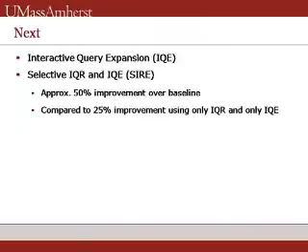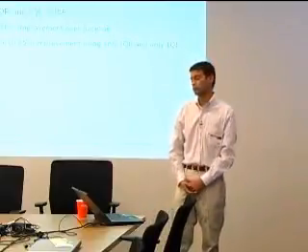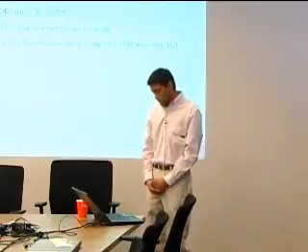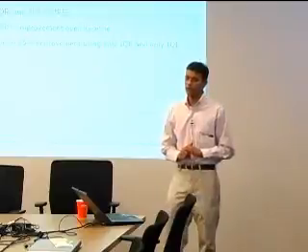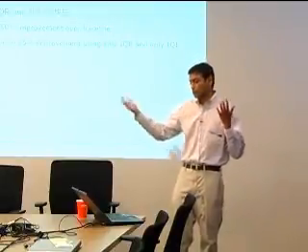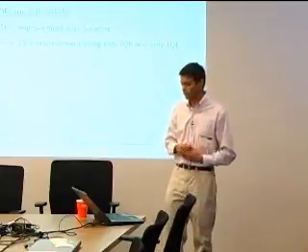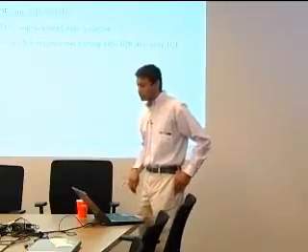So all this time we have been talking about interactive query reduction, which is removing terms from the original query. But then I also showed you a graph in which interactive query reduction worked only for, say, around 60 to 65% of the queries that we considered.